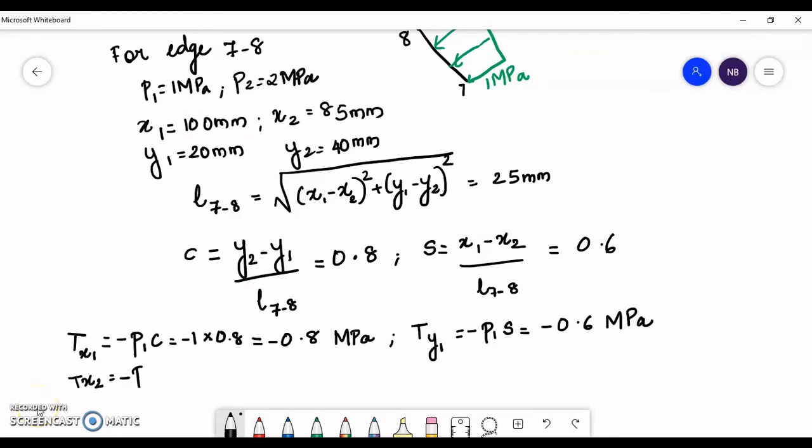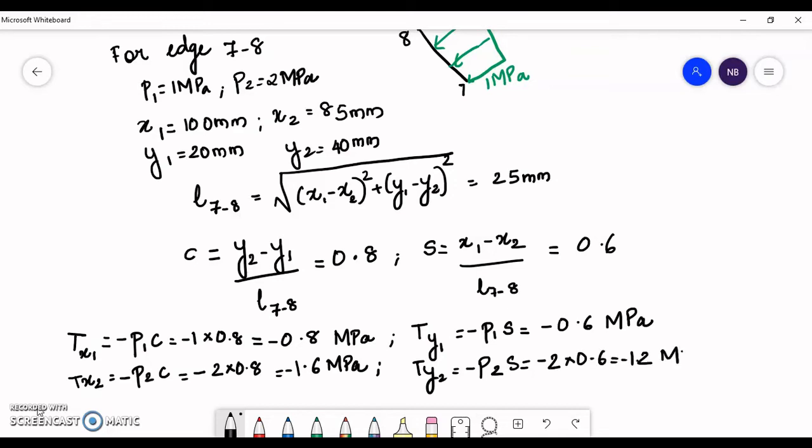Tx2 is given by minus P2 into C. So minus 2 into 0.8, minus 1.6 megapascals, and Ty2 is given by minus P2 into S, minus 2 into 0.6, which is minus 1.2 megapascals.